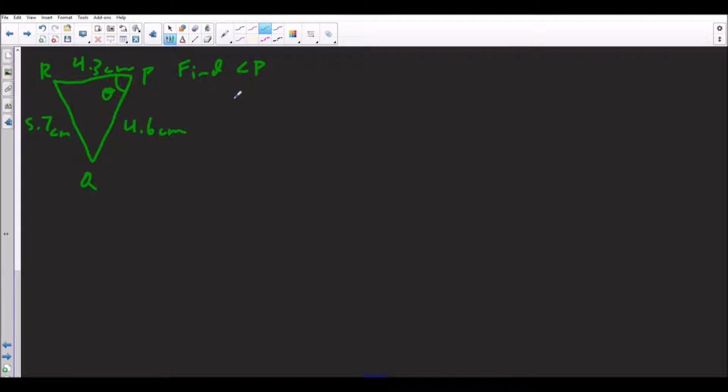We're going to do the same thing with the formula. So we're going to have a squared is equal to b squared plus c squared minus 2bc cos of A. That's the formula. So when we fill it in, we know that the first one is the side across from the angle we're dealing with. So the side across from the angle we're dealing with is 5.7.